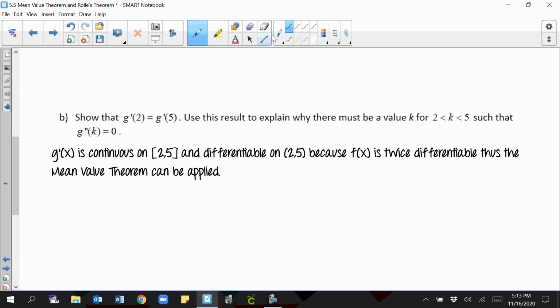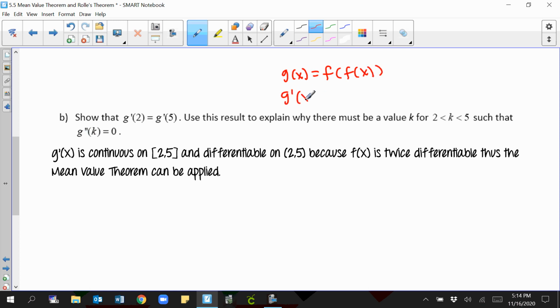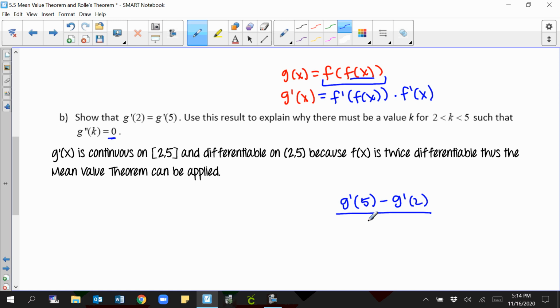So g of x is equal to f of x squared. So g prime of x, we're going to have to use a chain rule. So g prime of x is going to be f prime of x times f prime of x. So once again, we're looking on 2 to 5, and we're trying to show that it has to be 0. So I'm going to look for g prime of 5 minus g prime of 2 all over 5 minus 2.